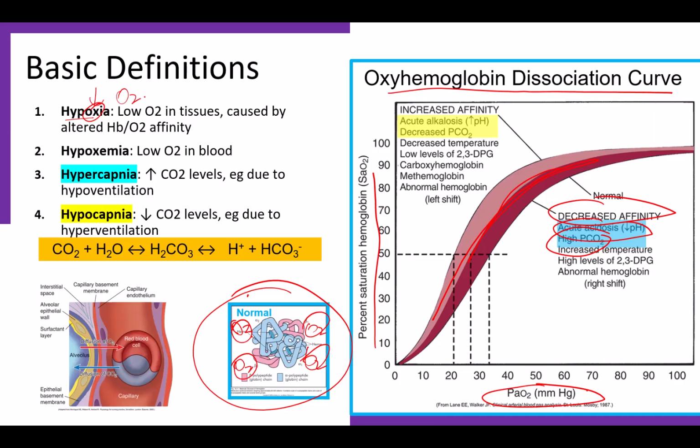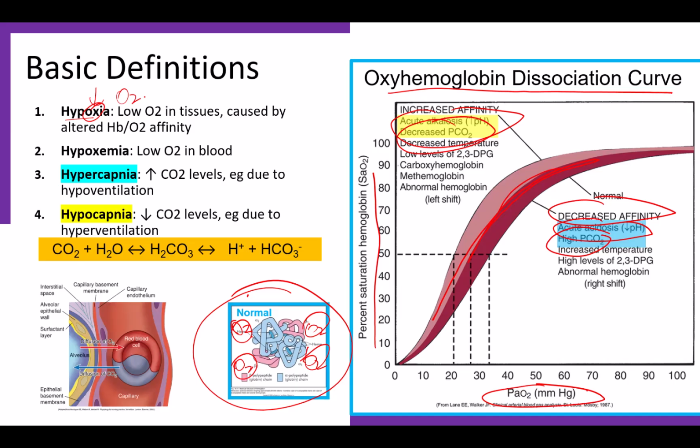So the bond between hemoglobin and oxygen is stronger. Oxygen is less likely to leave the hemoglobin and therefore less likely to enter into the tissues. Some of the conditions that increase the bond between hemoglobin and oxygen are when there's an increase in pH, acute alkalosis, or when the carbon dioxide levels in the blood drop.